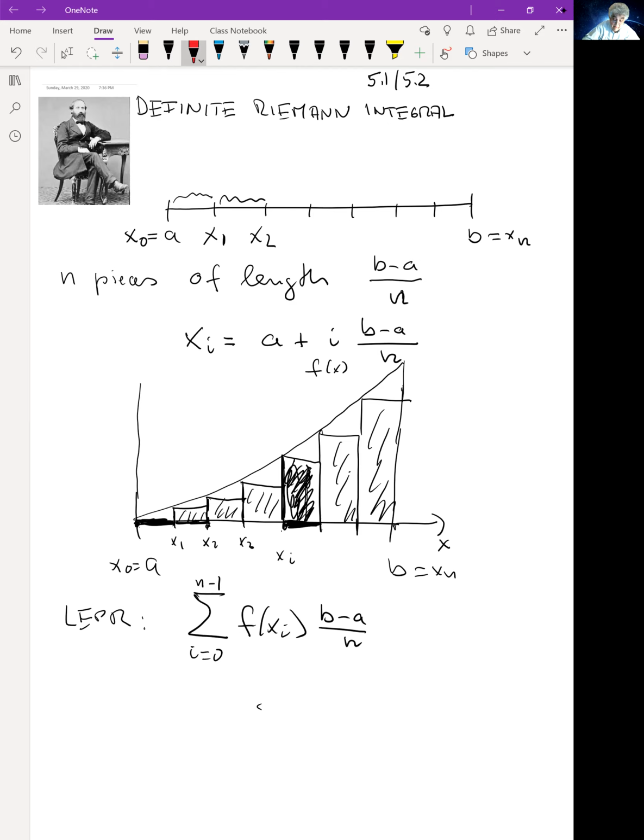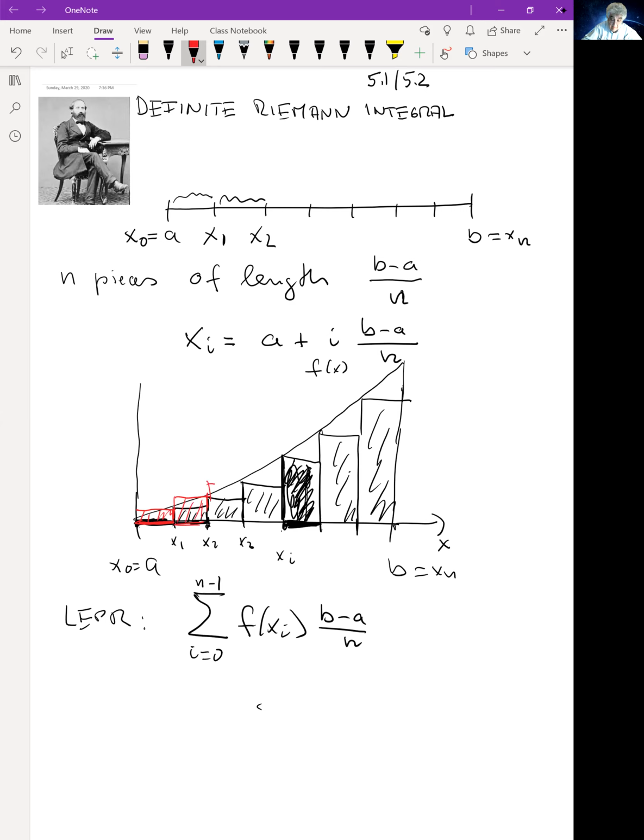Now the right endpoint rule, similar. So again, I take now from here to there my first subdivision. Now I take the right endpoint and I look at this rectangle. Here is my second one. Now here I look at this one here.